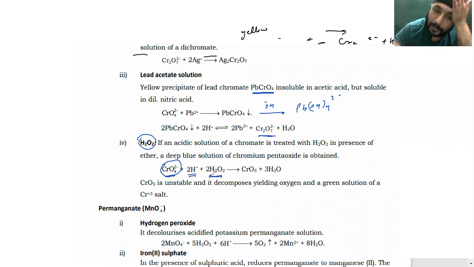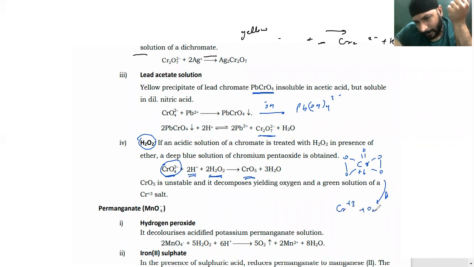Dichromate reacts with H2O2 in cold condition as well as in the presence of ether, and will produce CrO5, that is chromium pentoxide, which has a very beautiful butterfly type structure. And I do have two peroxy linkages over there with the oxidation state of chromium as +6 in that thing, and it is very unstable. It decomposes to give Cr3+ again plus oxygen gas. This Cr3+ is green in color, so you'll get all these changes over here.